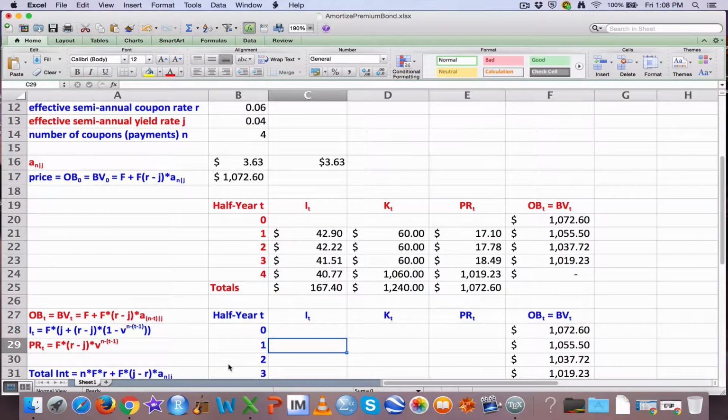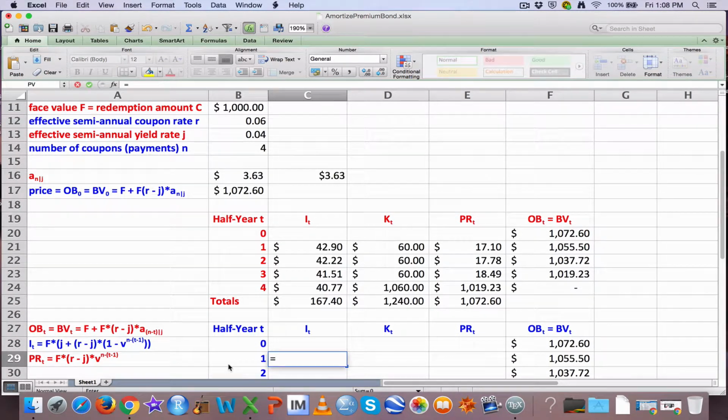Okay, do it again. So I'm going to have equals B11, it's F times, in parentheses, J from B13 plus, looking at cell A28, R minus J, which is B12 minus B13, times, in parentheses, 1 minus v, which is 1.04 to the -1.